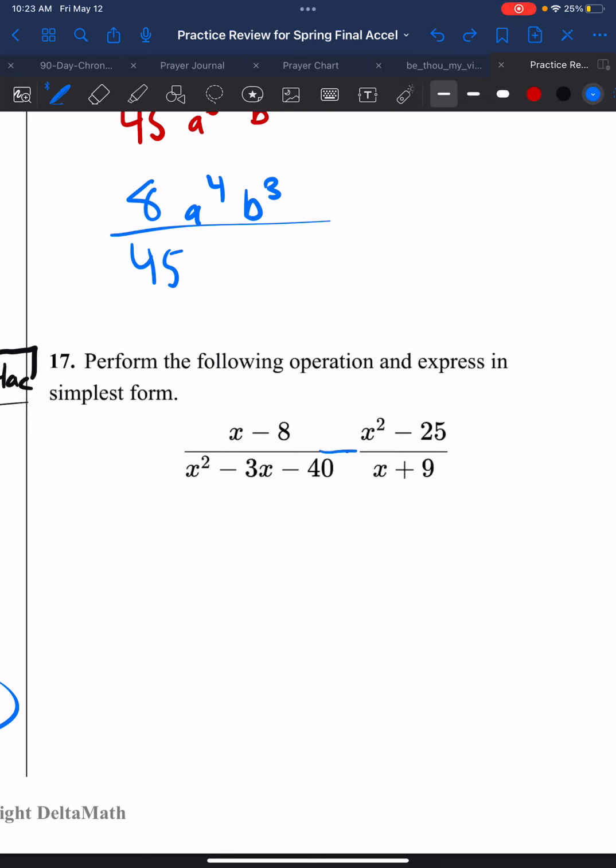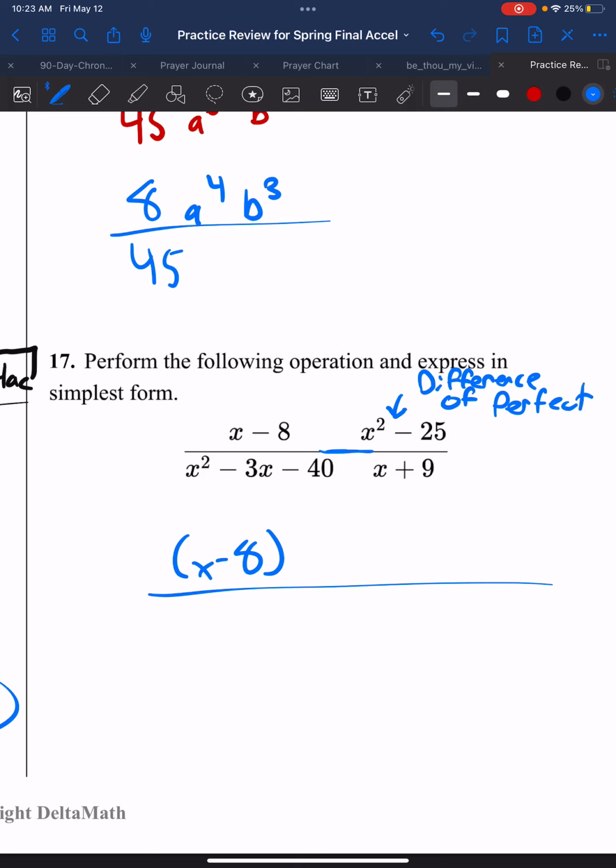Okay? So I've got x minus 8 on the first one. And then this is difference of perfect squares. So I'm going to set up a parentheses with a plus, parentheses with a minus. That's just how I remember it.